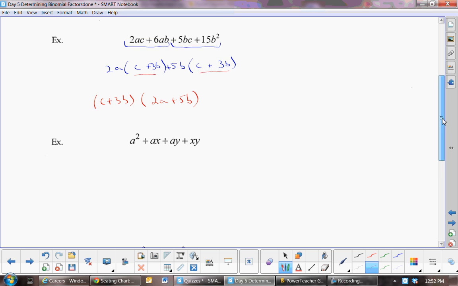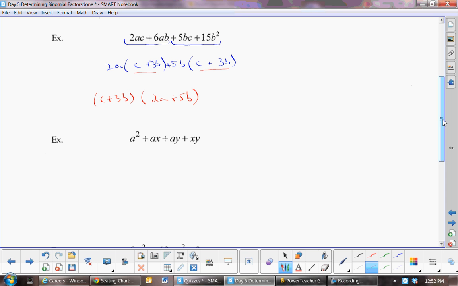Now, if this was the question, how would I get to here? Foil it. Does everyone remember to foil it? You'd go c times 2a to get 2ac, and c times 5b to get 5bc. Okay? You'd get them all.